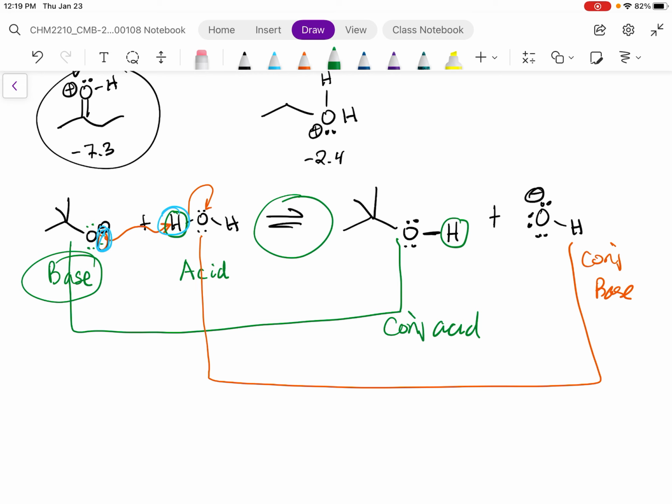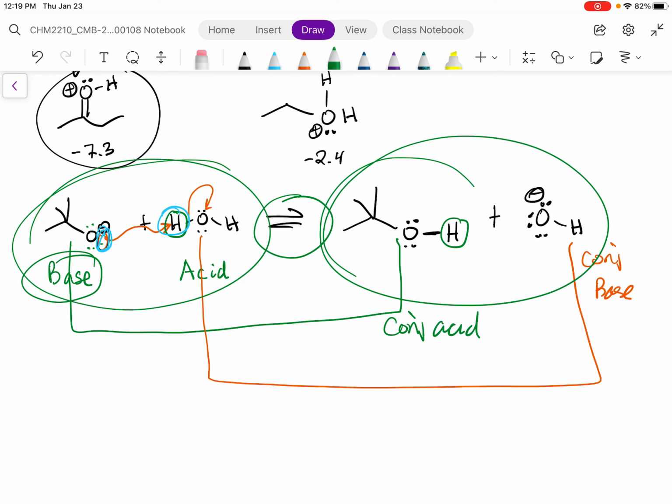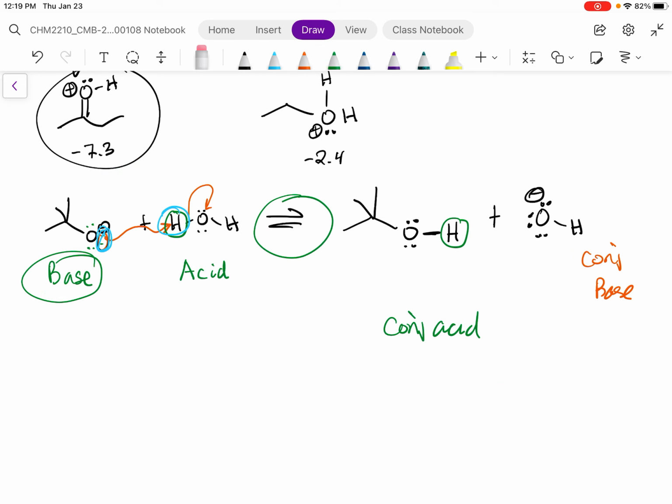But before we get to equilibrium, we're going to get to a point where one side is favored over the other. So we want to ask ourselves the question, are there more of these molecules at equilibrium or more of these? Said another way, we want to find what side of the equation is favored at equilibrium.